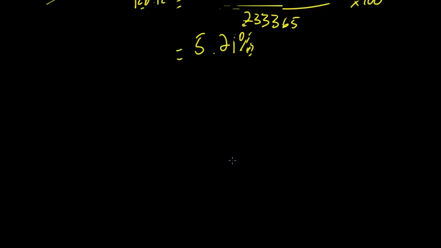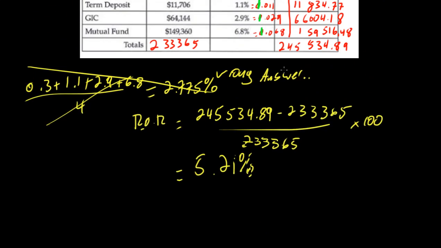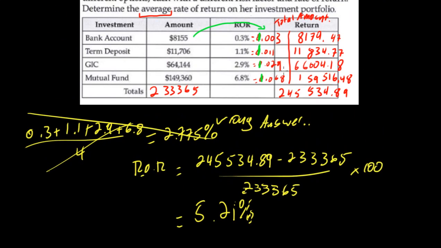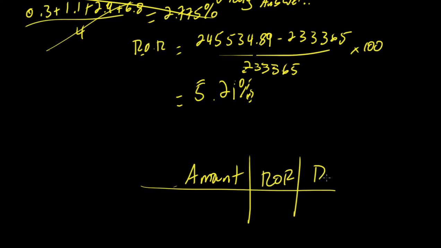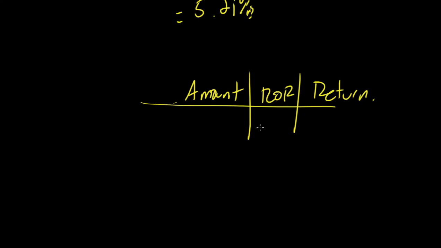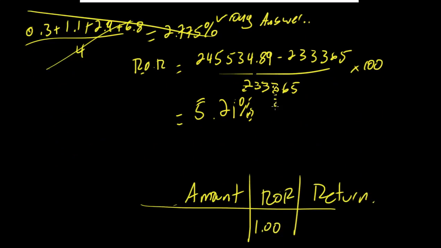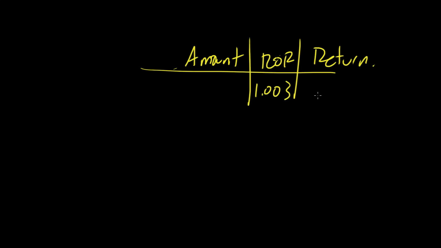Okay, there is a different way to do this problem, and I said I wanted to do that. Remember when we had our table here, and I'm not going to do it in its entirety, but I'm going to show you just a little bit of it. So we have our investment, we have the amount, we have our ROR, and then we have our return. And remember for this one, I said that you can multiply by 1.003 to get her total amount.